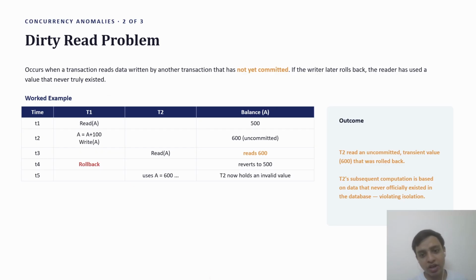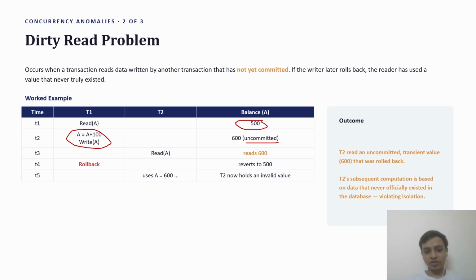Now we have 500 in my account. I have only 500 rupees. Now it is updated to 600 but uncommitted. I have not updated it in my real database, which is the bank database. The bank didn't update its database, but saved it in a temporary log or cache.